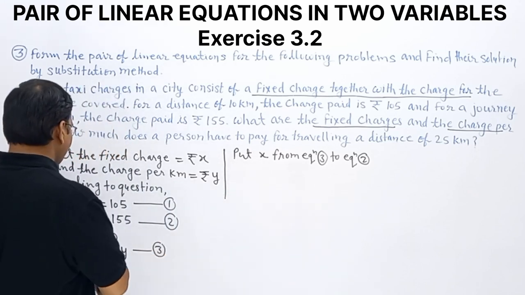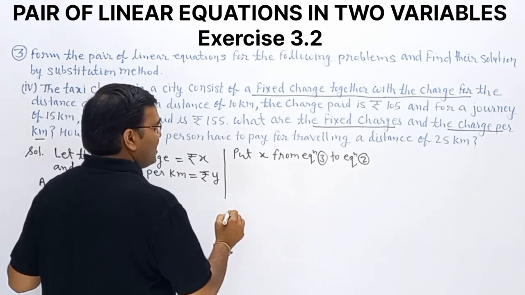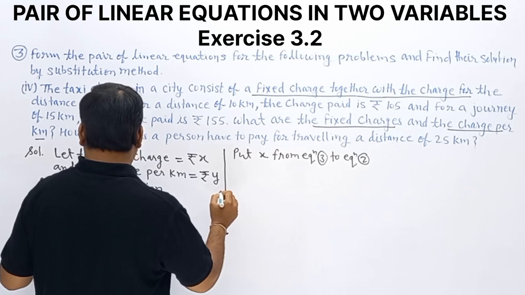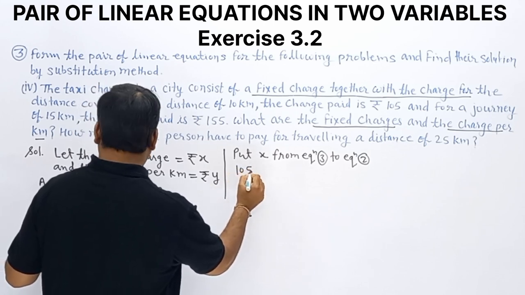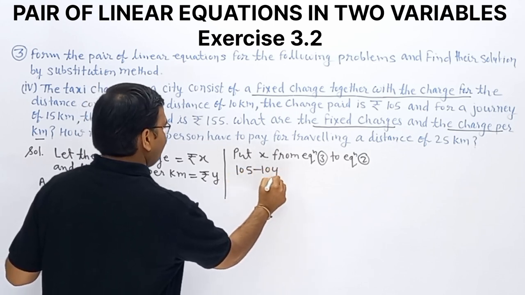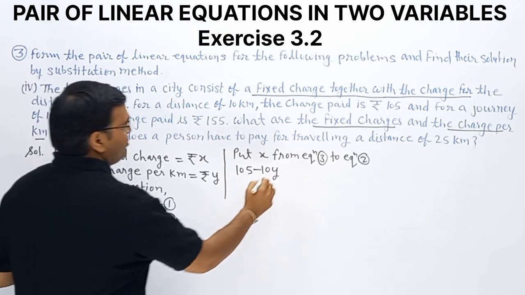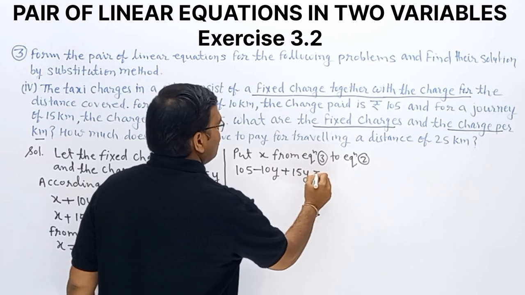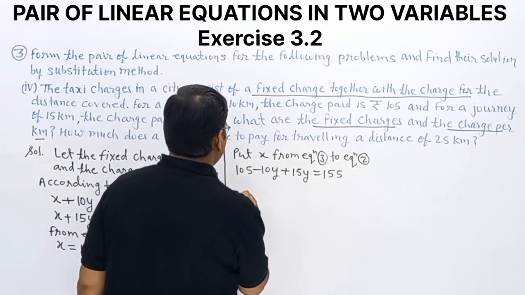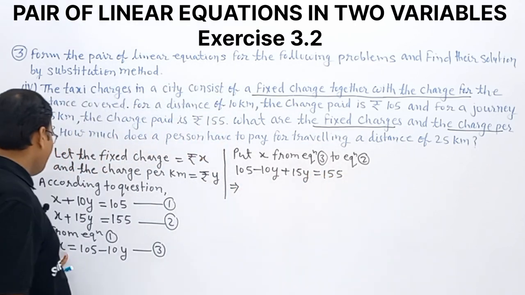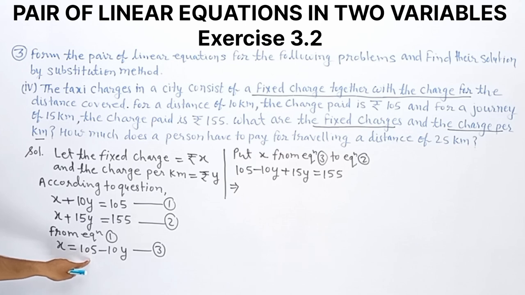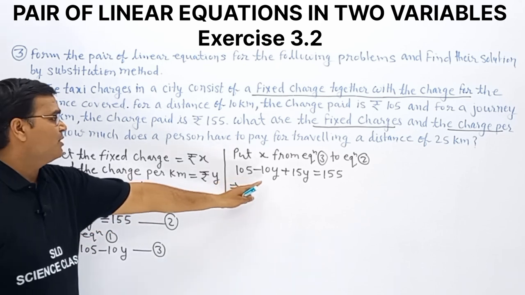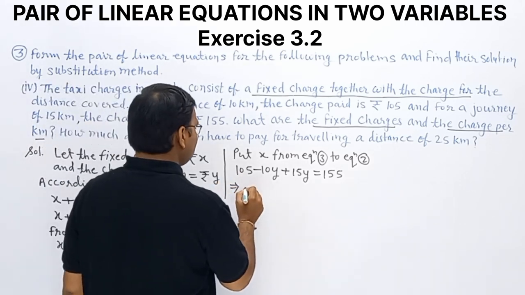What is x? It is 105 minus 10y. So 105 minus 10y plus 15y equals 155. What are we doing? We are putting the value of x in equation number 2. At the place of x we put 105 minus 10y. Now solve.